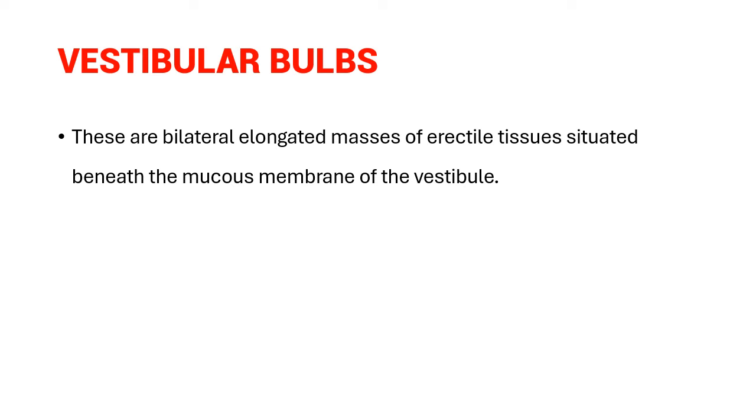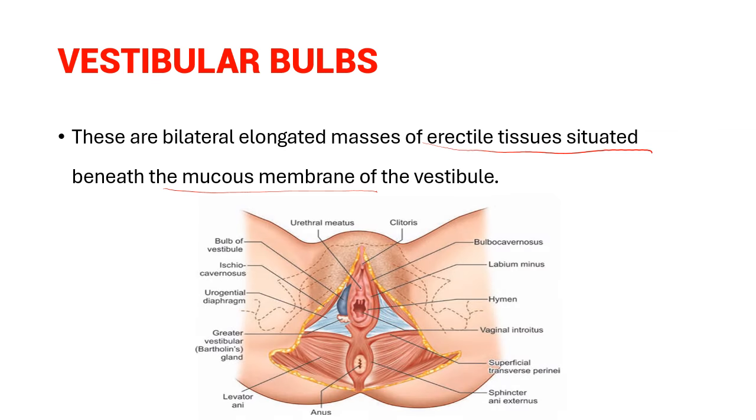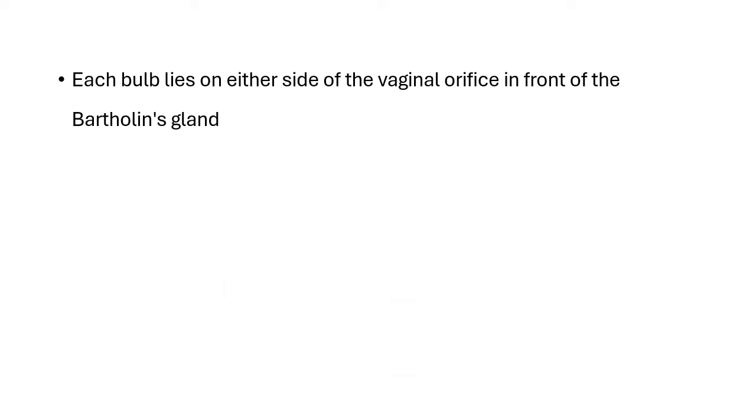Now next is vestibular bulbs. These are bilateral elongated masses of erectile tissue situated beneath the mucous membrane of the vestibule. Here you can see bulbs of vestibule. Each bulb lies on either side of the vaginal orifice in front of the Bartholin's gland.